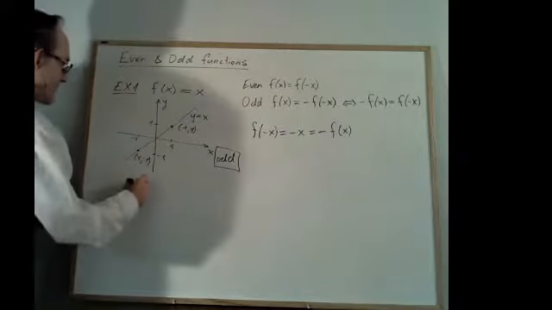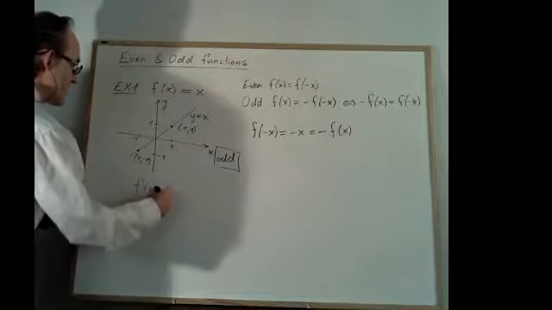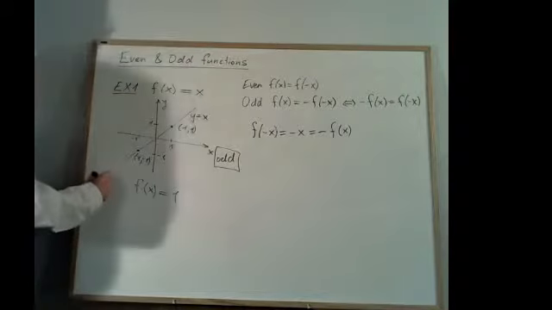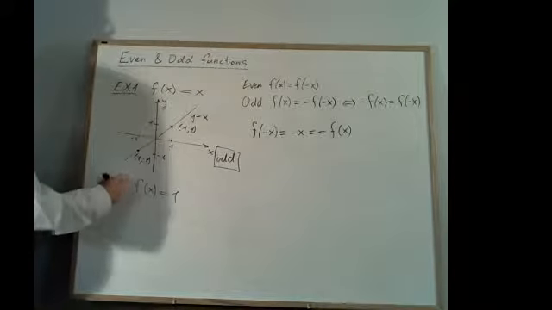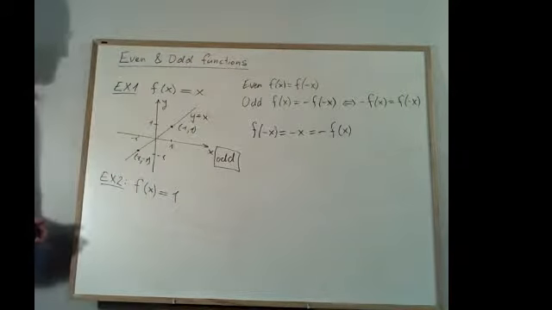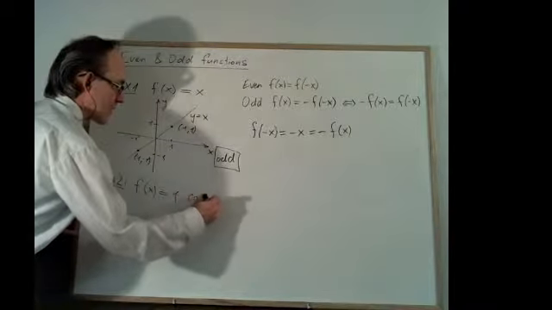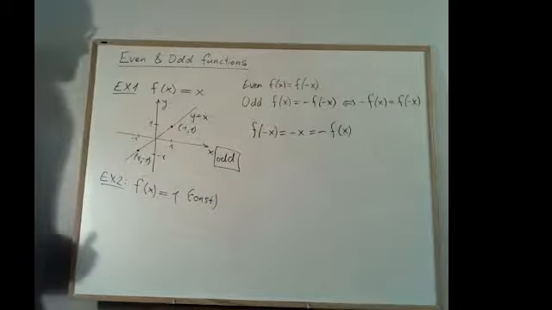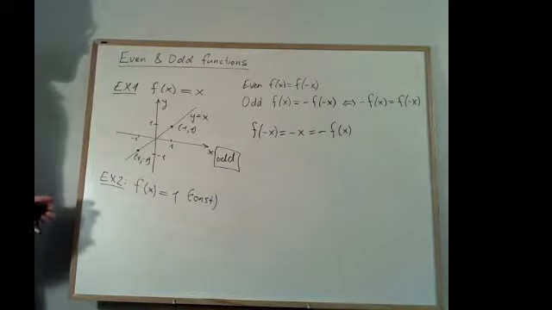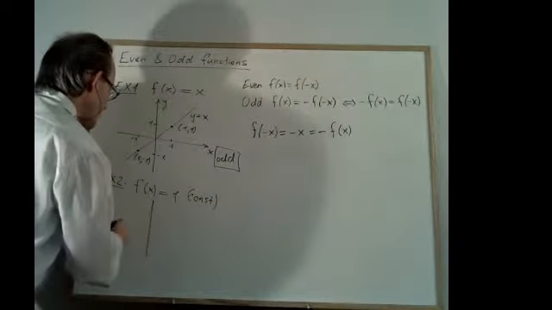An example, let's say, of an even function, how about the constant 1? So f of x is equal to the constant 1. Constant function. Or it could be c. Any constant.